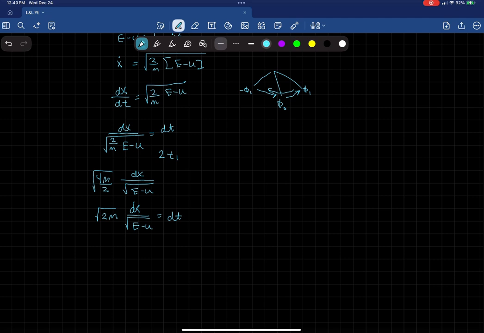Now, the two arbitrary constants in the solutions of the equation of motion are represented by the total energy and the constant of integration. Since the kinetic energy is essentially positive, the total energy always exceeds the potential energy. So the total energy is always greater than the potential.